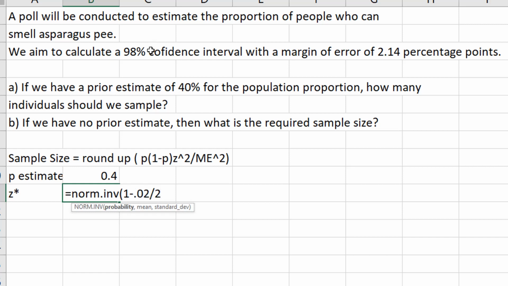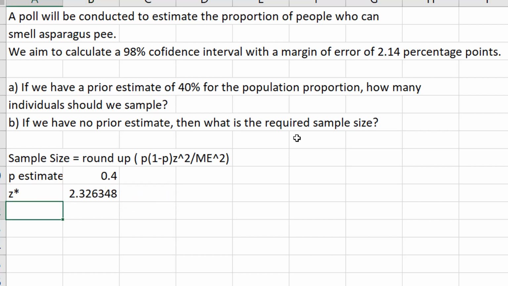Since I'm doing a 98% confidence interval, the corresponding significance level is 2%, or 0.02. And so to find the z star, I'm going to use 1 minus that 0.02 divided by 2. Really, there's just 1% in each tail, with the mean of 0 and a standard deviation of 1. That's my z star. My margin of error that I want is going to be 0.0214. I have to put it into decimal. I can't use the 2.14. It would be very messed up.